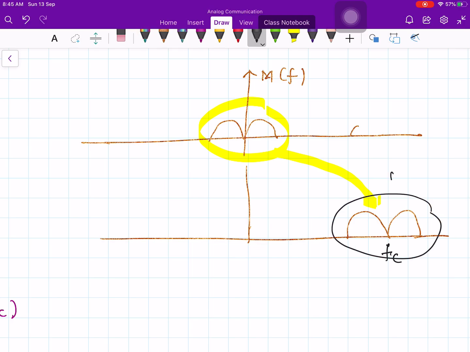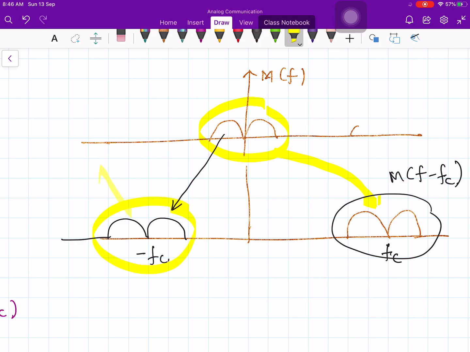This is m of f minus Fc. Do you understand? Similarly, the left hand side also you have something like this. The m of f is advanced by an amount of minus Fc. Therefore, this whole thing is m of f plus Fc.